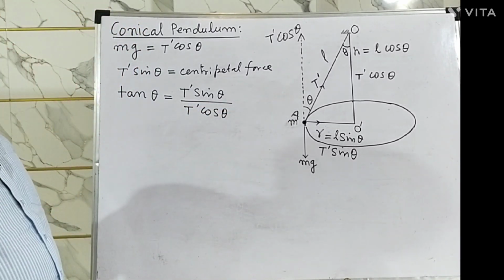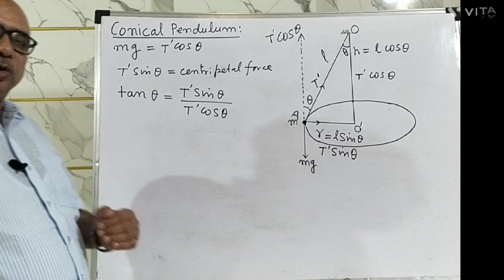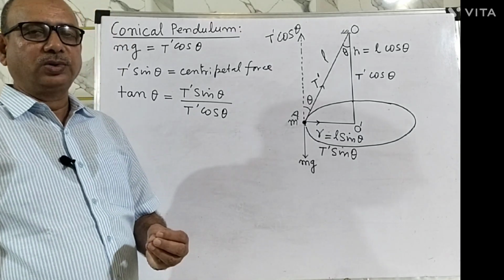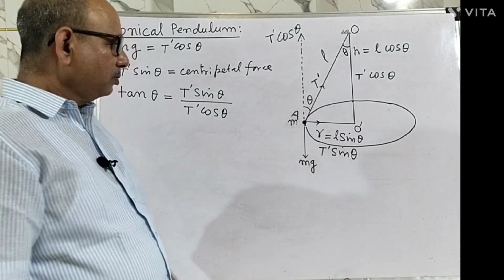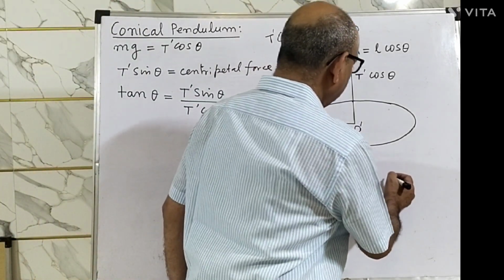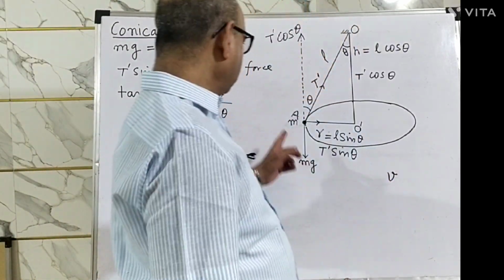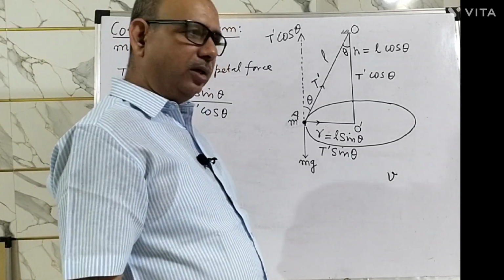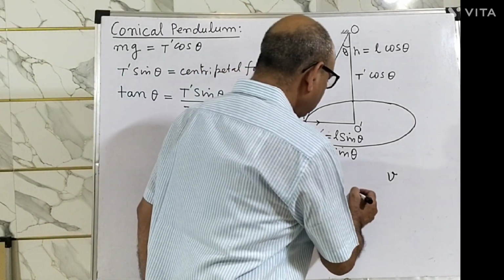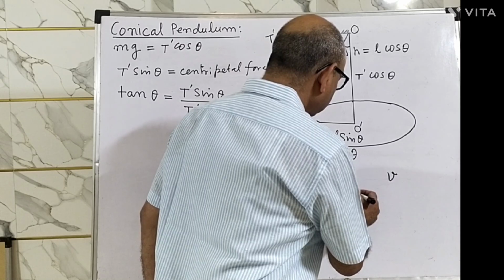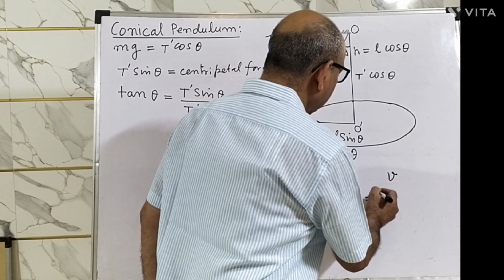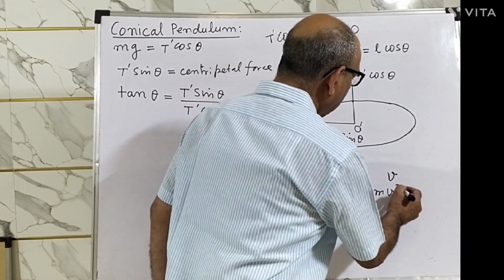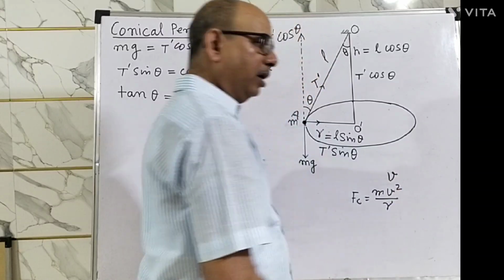Now T dash sin theta is equal to the centripetal force. Let v be the velocity of the bob, and r is the radius. Then the centripetal force Fc will be equal to mv square divided by r.